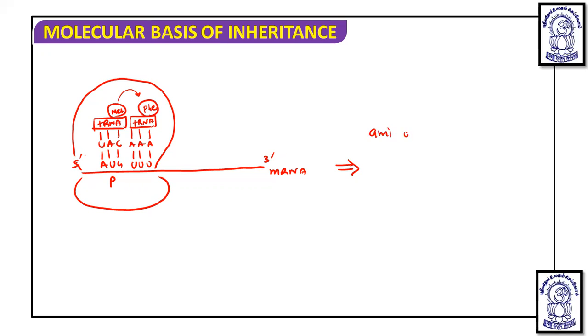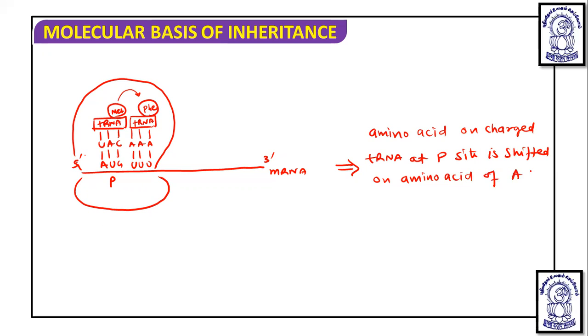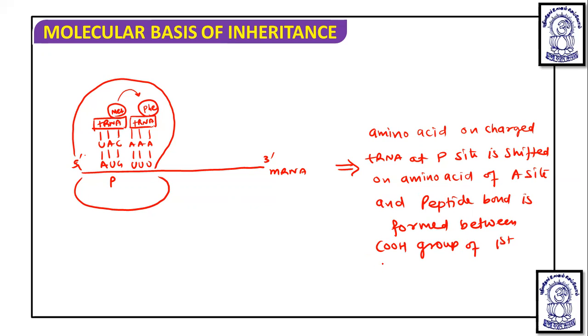So the amino acid on the charged tRNA at the P site is shifted onto the amino acid of the A site, and a peptide bond is formed between the COOH group of the first amino acid, that is methionine, and the NH2 group of the second amino acid.